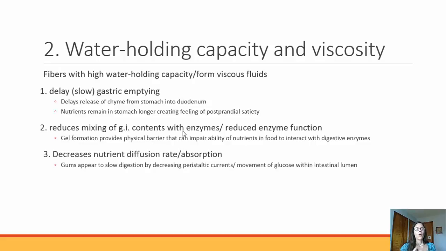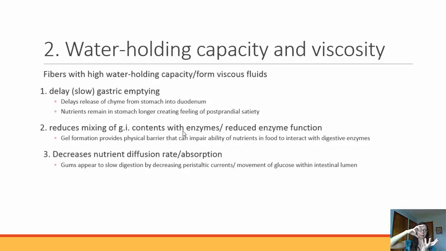Now, as this viscous mishmash is moving slowly through our GI tract, we are actually, counterintuitively, going to have reduced mixing with the GI contents. We have a thin layer of water that lays on top of our endothelial lining.